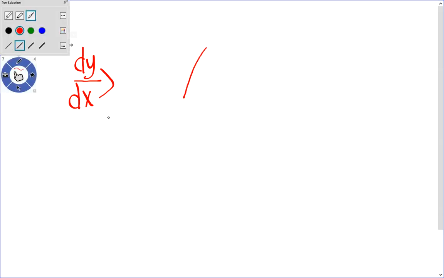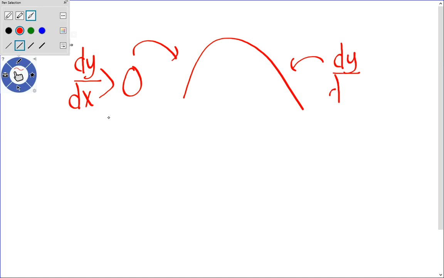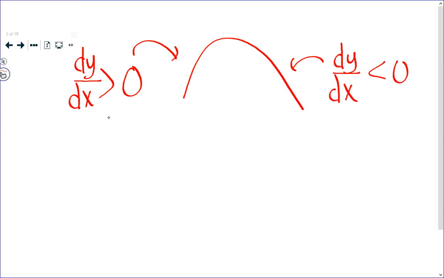You're talking about a region to the left where dy/dx is greater than 0, but over here on this side, you're talking about a region where dy/dx, the derivative, is less than 0. Of course, there's some point here where the function does not have a positive slope and it does not have a negative slope, but it has a slope that happens to be equal to 0, and that's going to be a point of interest because that's a maximum value.